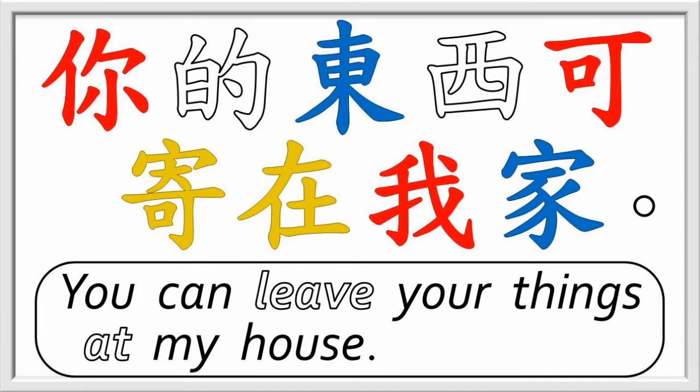If that rare adjective seems less than useful, there are other more common phrases based on this idea of dependence. For example, 你的东西可寄在我家. You can leave or store your things at my house. Or even more useful is mailing letters or packages, since you're consigning them to the care of the postal service for delivery.